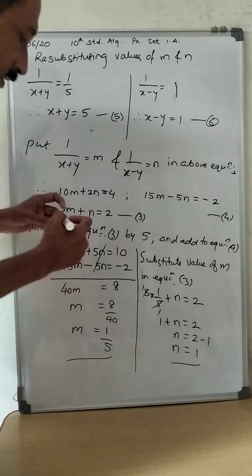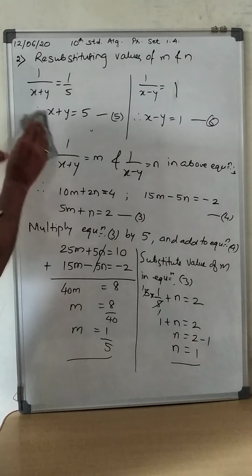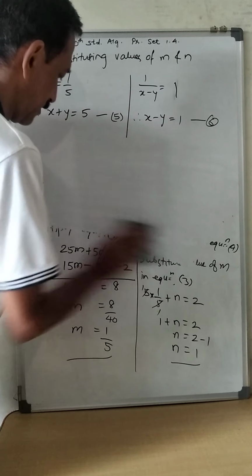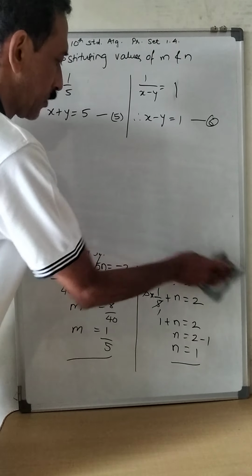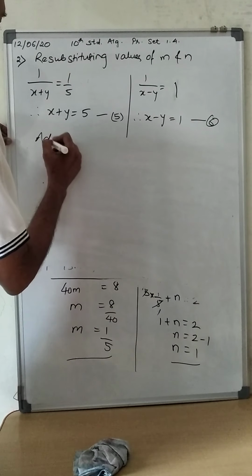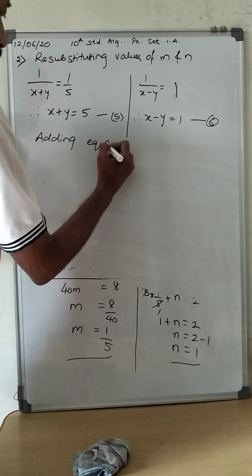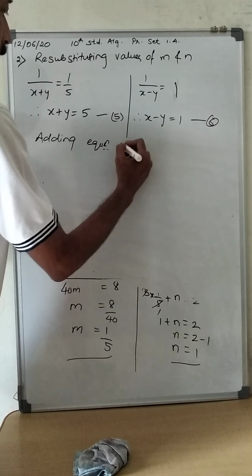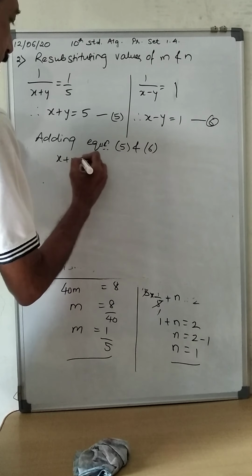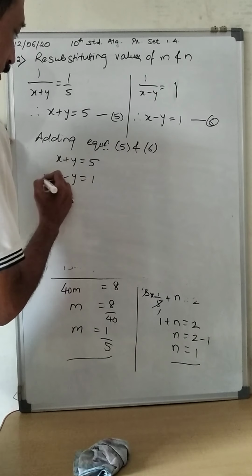We get equation 6. Now x plus y is equal to 5, x minus y is equal to 1. What we do, we add these two equations. Adding equations 5 and 6: x plus y is equal to 5, x minus y is equal to 1.